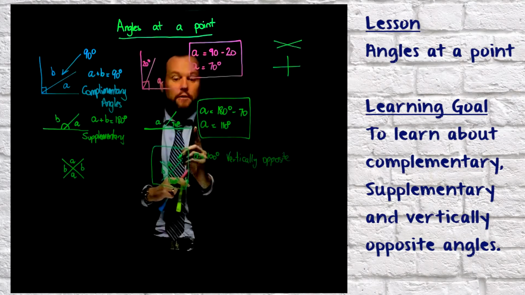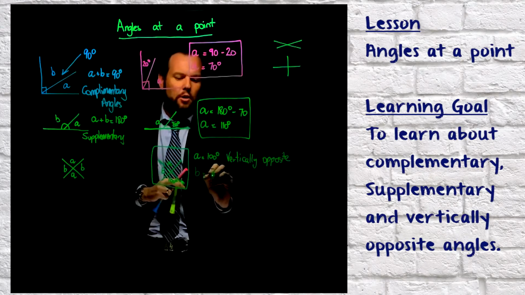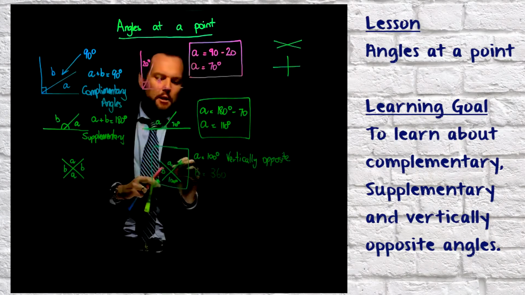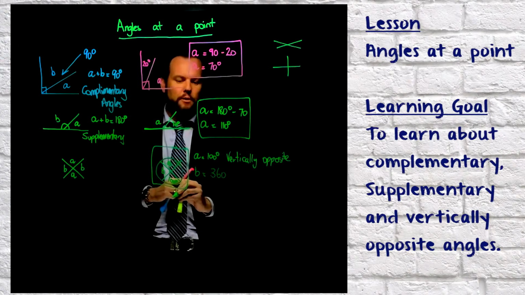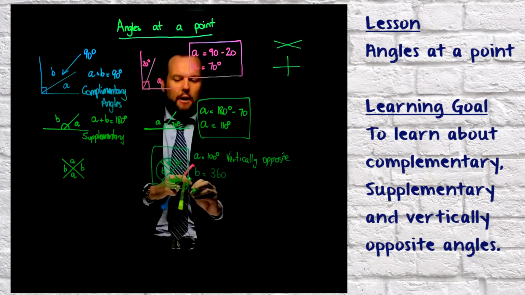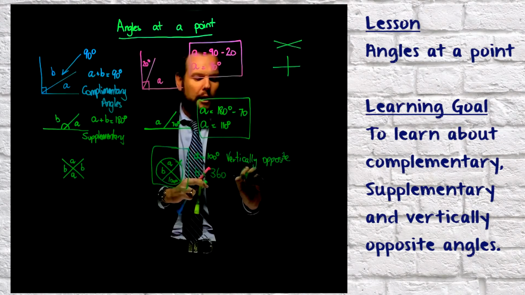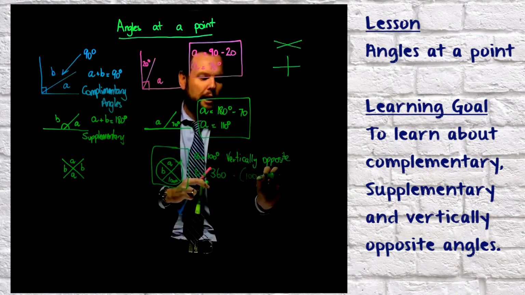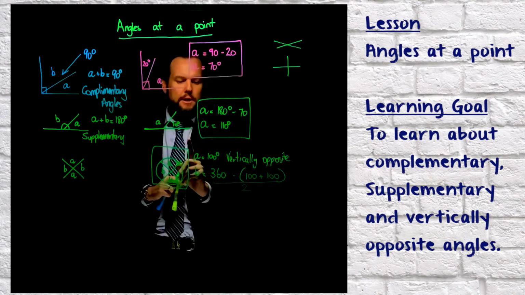Then I'm going to find the value of B. So B is going to equal 360 degrees because this is a full revolution, okay? A full revolution. And then I'm going to take away 100 plus 100, okay? And I'm going to divide it by 2. Okay, I'm going to explain that.